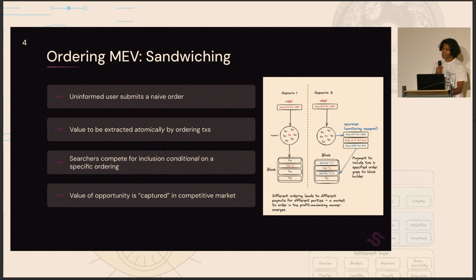Okay, so the first type of MEV that we all know is sandwiching. Basically, a user is going to submit an order, it's going to go to a public mempool, and there are two scenarios that we can look at. In scenario one, the user submits this transaction, and assuming the previous block, all the arbitrage was done correctly, so the pool price that they're touching was reset to whatever the true price was at that time.